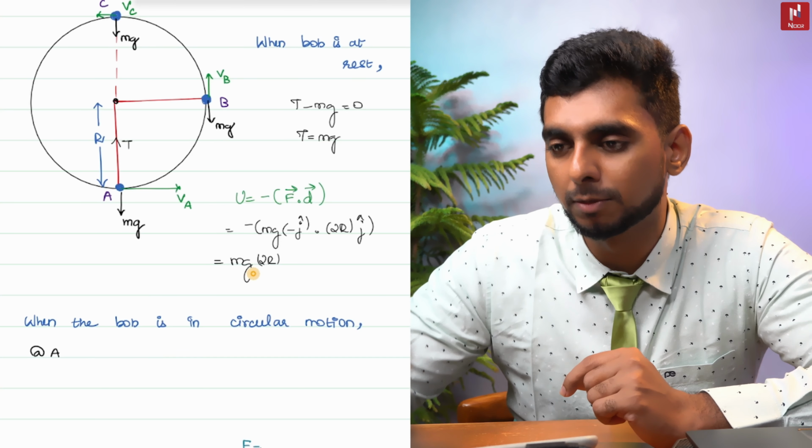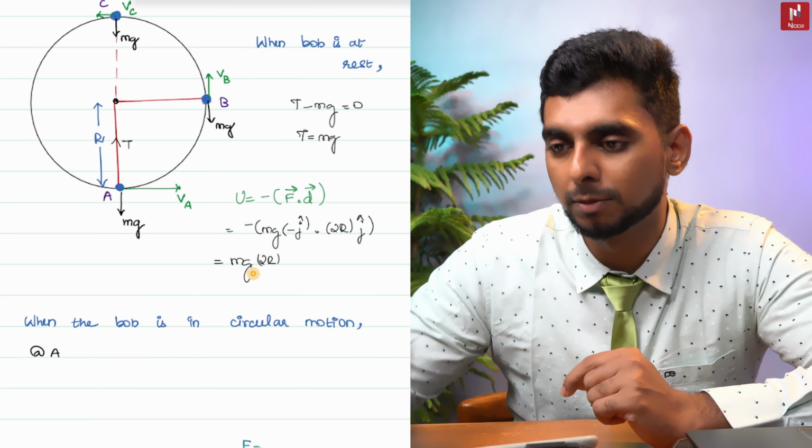So here T acts upwards minus mg acting downwards, which will not be equal to zero in this situation, because this ends up generating the centripetal acceleration. If T and mg were balanced, the bob would be at rest.